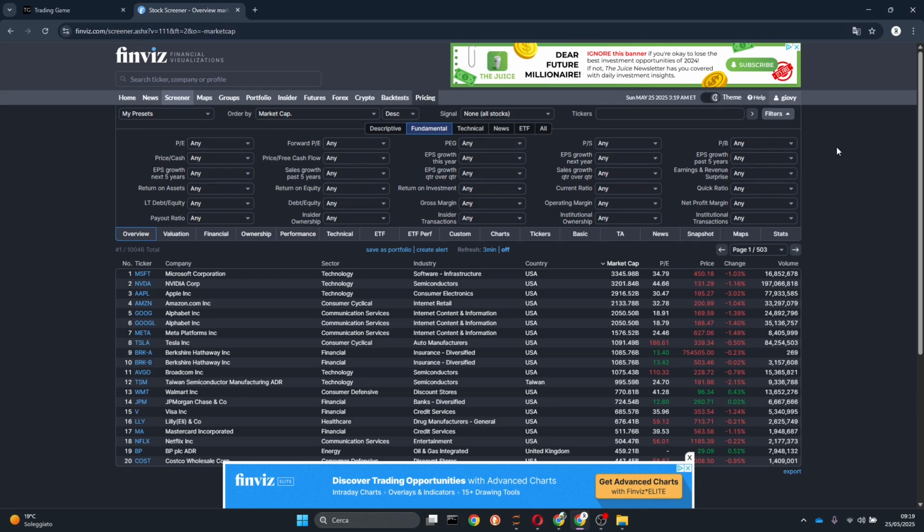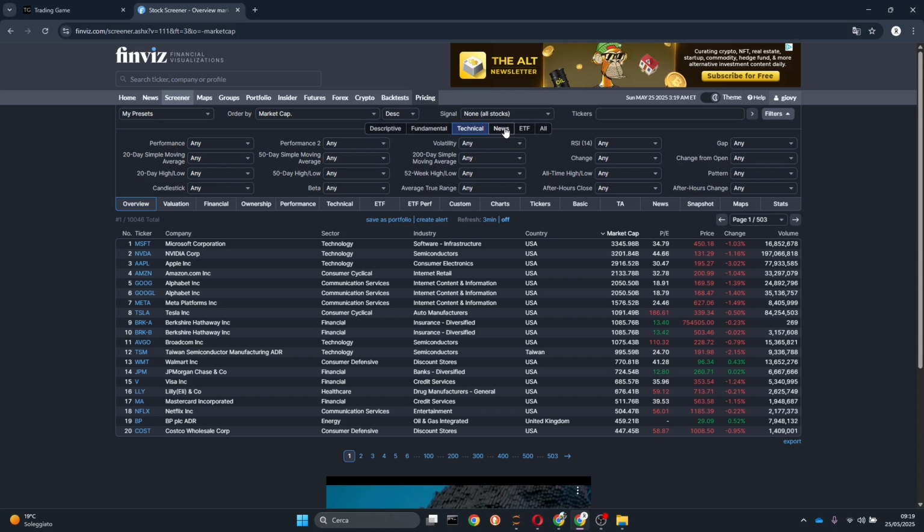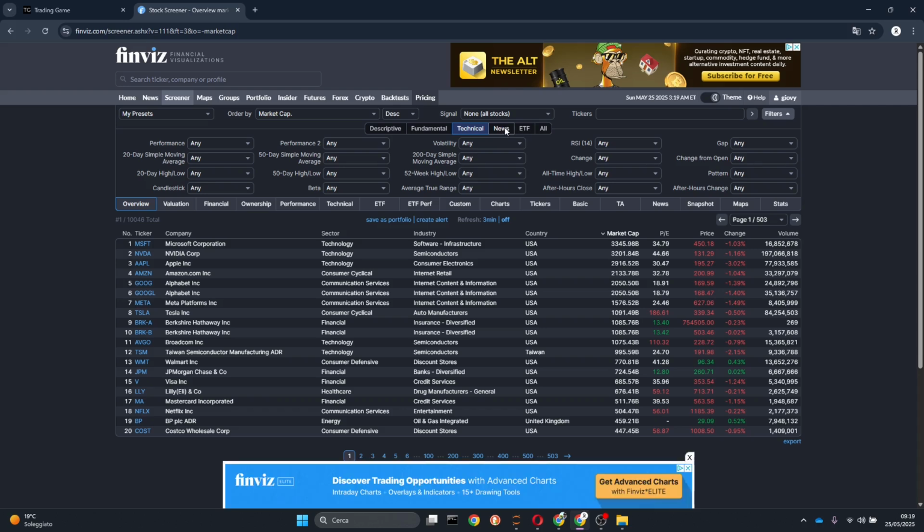So you can literally search what you need, what you want. There is also a section dedicated to the news. Honestly, I don't focus on it a lot. Maybe if you are a news trader, this can be very useful for you.